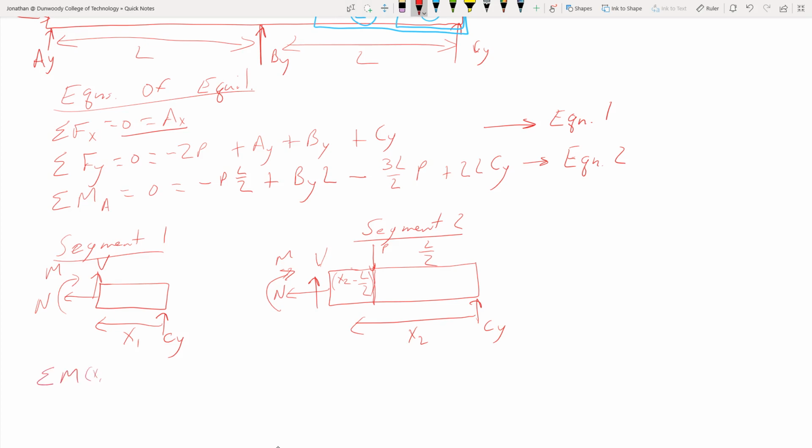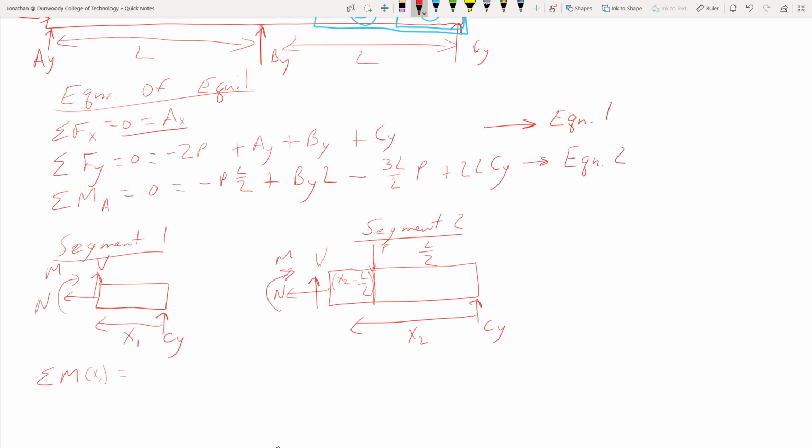So the moment as a function of x1 is going to be, what do we have? We don't get any moment on this side, so we just get moment from this guy. It has to equal, sorry, let me get rid of that for a second. So if I'm taking the moments around this point, this value here is our moment.